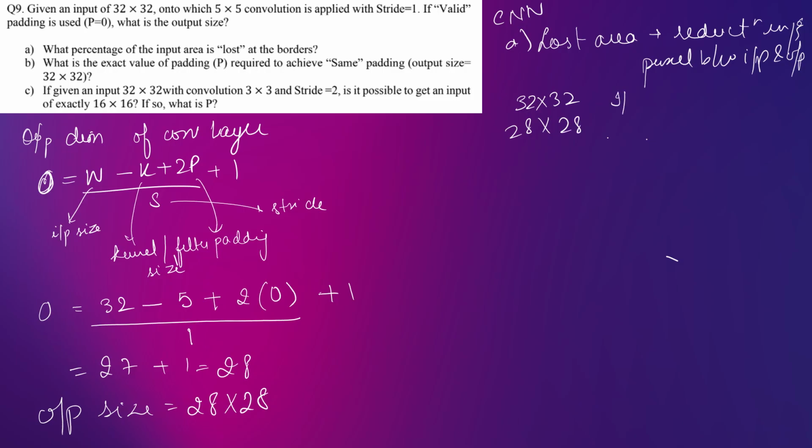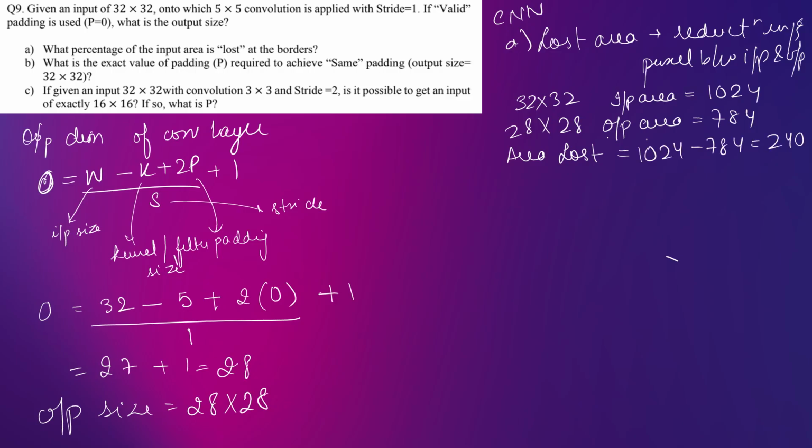So input area 1024, output area 784. So your area lost will be equal to 1024 minus 784. This will come out to be 240. Now we are told to calculate percentage. So 240 upon input size into 100. This will be 23.44%.